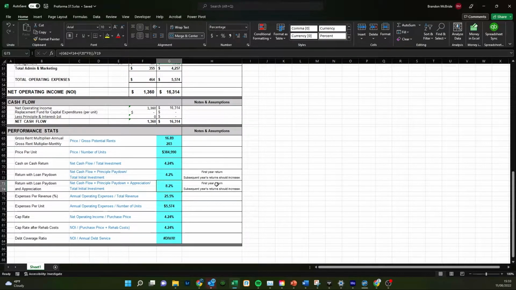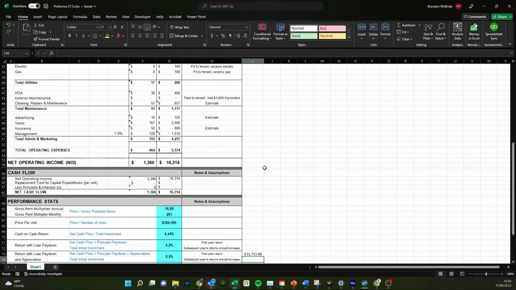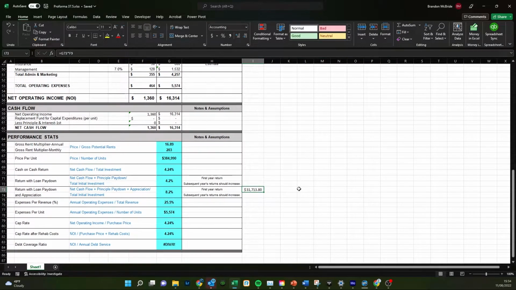Or in other words, if we translate this out to our actual dollar return, whether we get it in cash, we're only getting the $16,314 in cash. But if we calculate out the accrued return of the appreciation plus the net cash flow, which would be the 8.2% times our initial investment of $384,990, that means we're accruing about $31,000 a year return on investment.